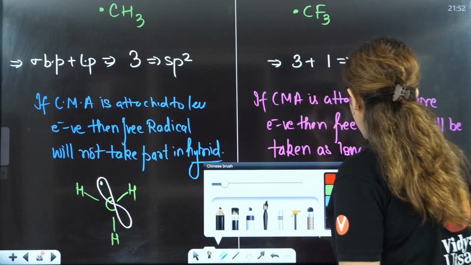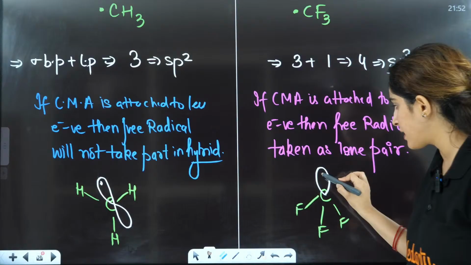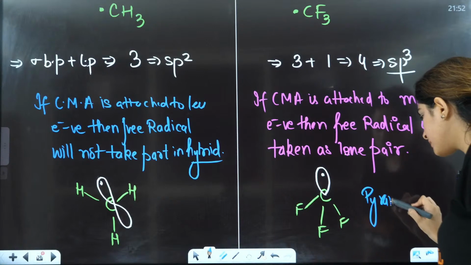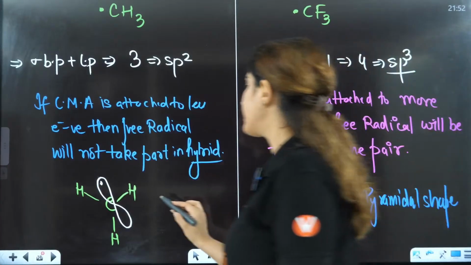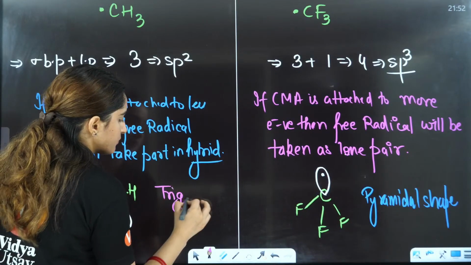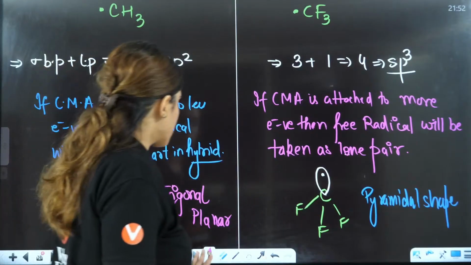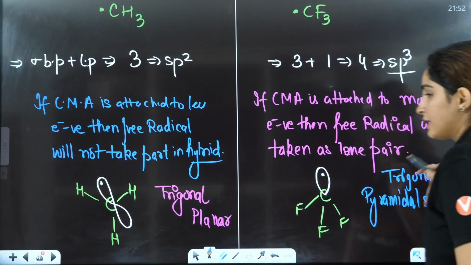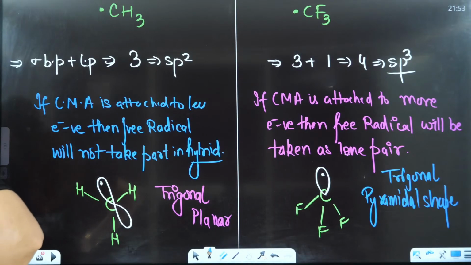The free radical is behaving like a lone pair, so this is your pyramidal shape, and this one is trigonal planar. Very important question actually, and students can easily make a mistake here. Clear? Yes, everybody, shall we move ahead?